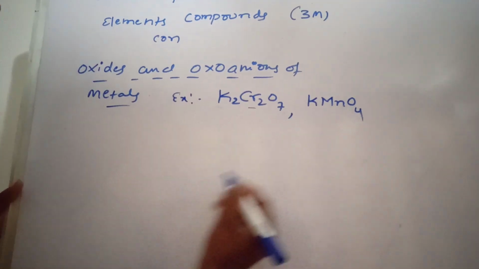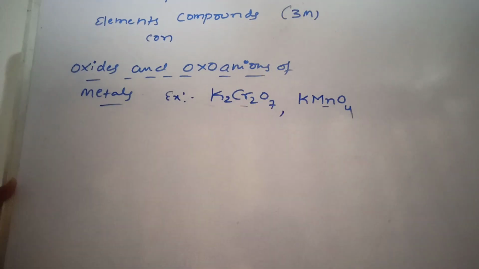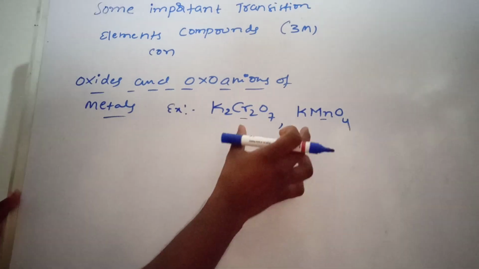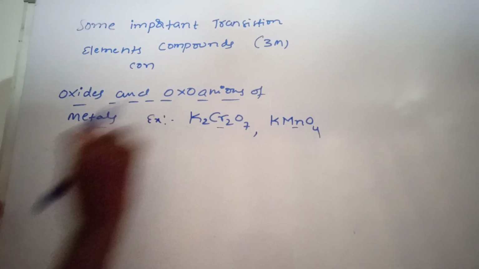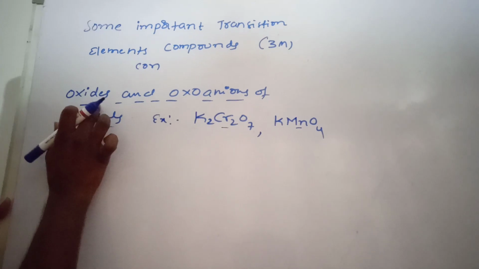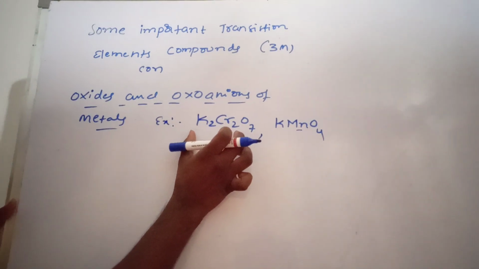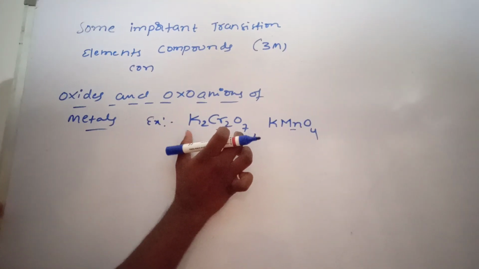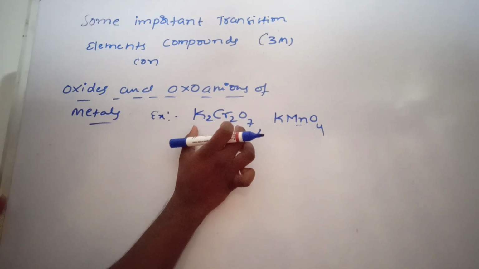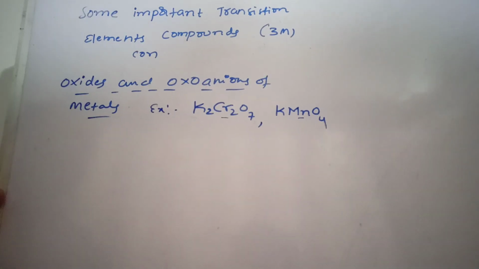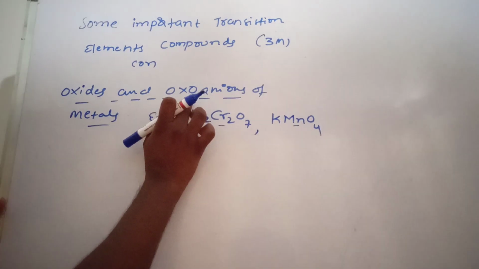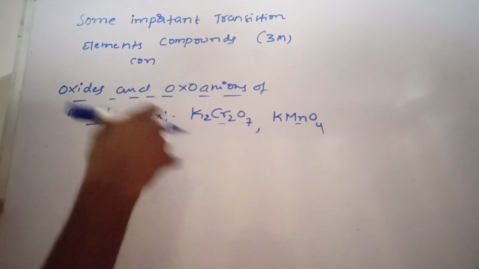It is a d-block element. It is also a d-block element. Some important transition elements compounds. Oxides means the compounds contain oxygen, that's why they are oxide compounds, or oxoanions of metals. Oxoanions of metals I will teach you later.